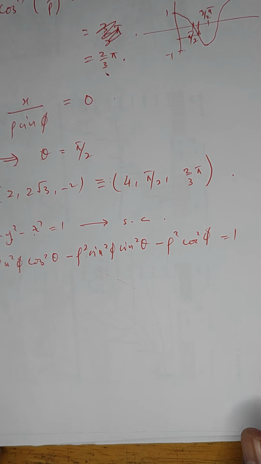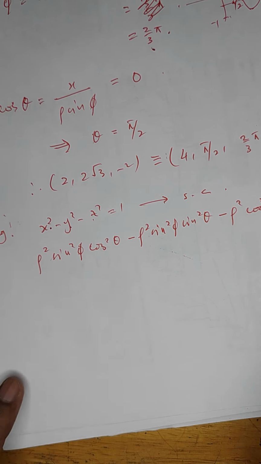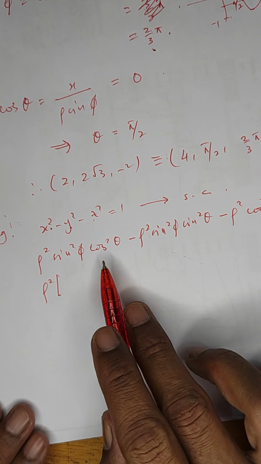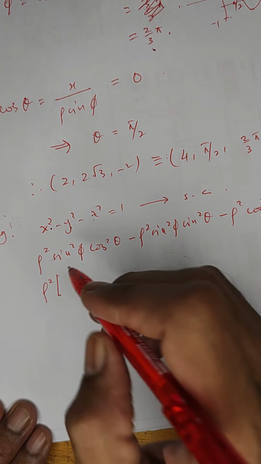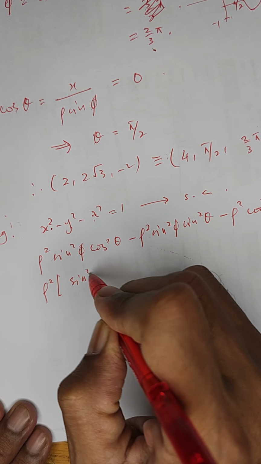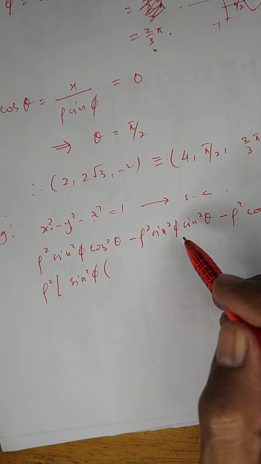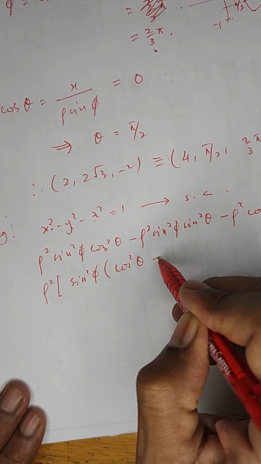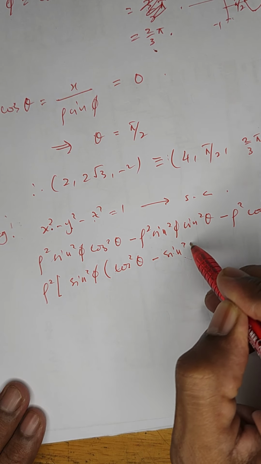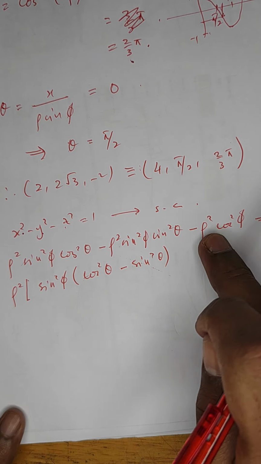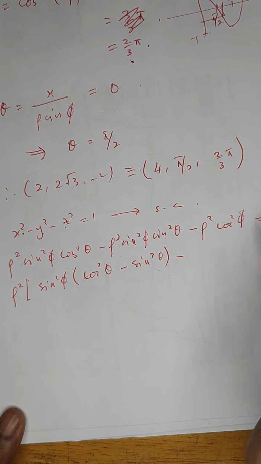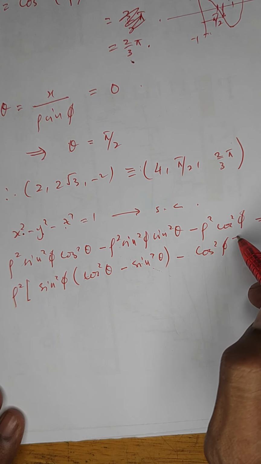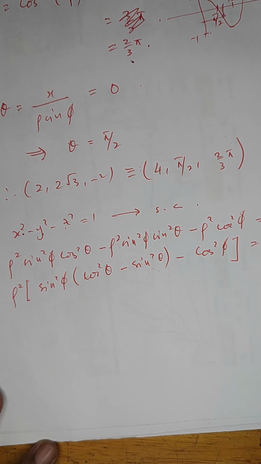Okay, then you can factor out rho squared, and from these two you can factor out sine squared phi. So we have sine squared phi times cos squared theta minus sine squared theta, and rho squared we have factored out. So what is left is minus cos squared phi, that equals 1.